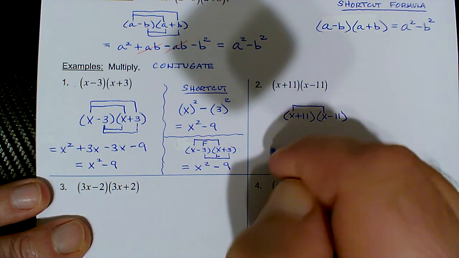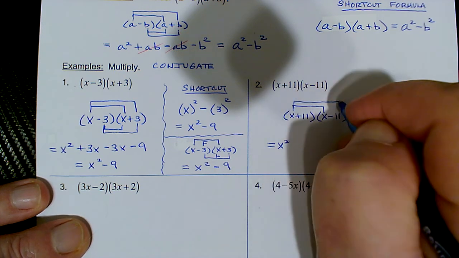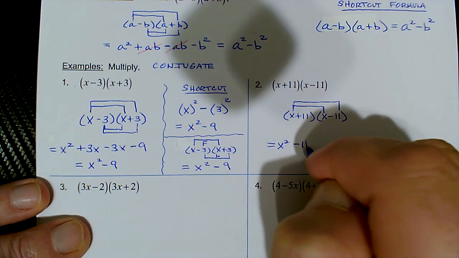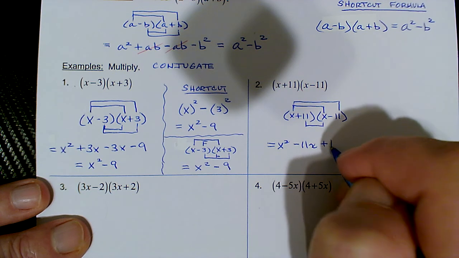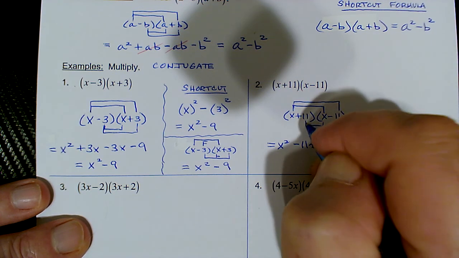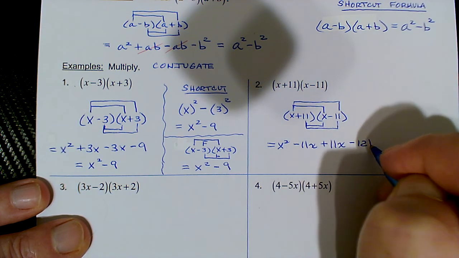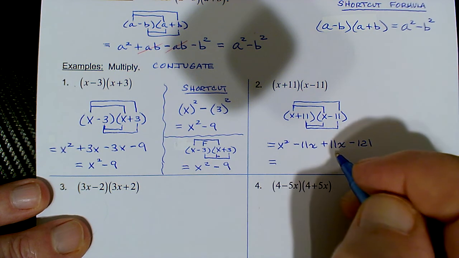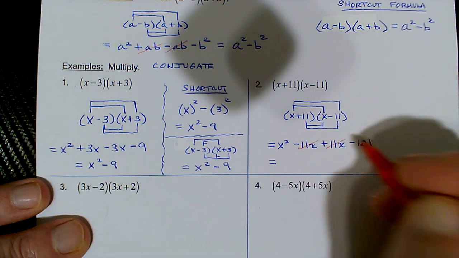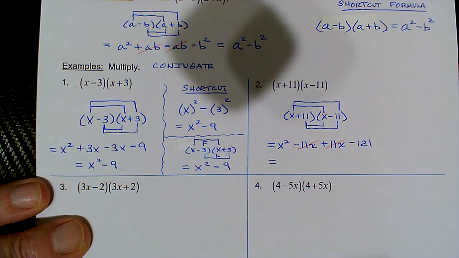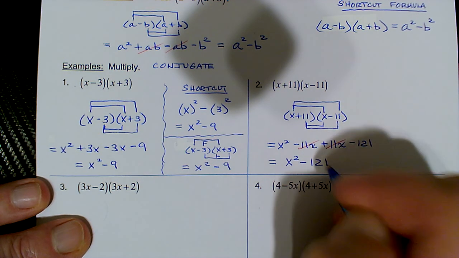x times x, x squared, x times negative 11, negative 11x, 11 times x, positive 11x, and then 11 times negative 11, negative 121. And once again, we see that the outers and inners cancel, and we just get x squared minus 121.